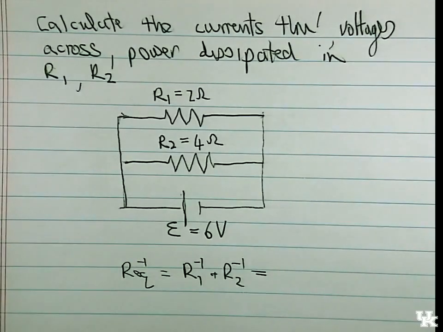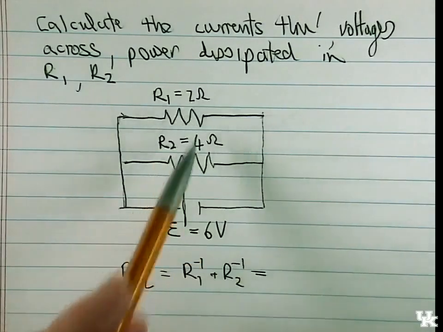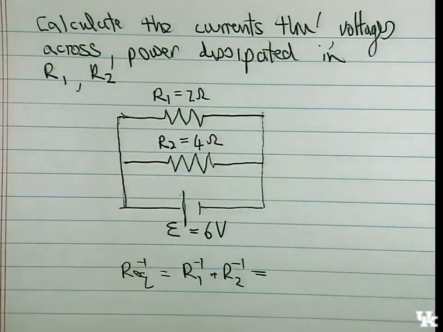So I drew the circuit and I've labeled it with the values of the resistors and the value of the EMF. 6 volts, 2 ohms, 4 ohms. I know, again, that this equivalent resistance is a useful tool in solving circuit problems. So I'm going to calculate the equivalent resistance. The reciprocal of the equivalent resistance is the sum of the reciprocals of the individual resistors. So one of them was 2 ohms, so that's a half.